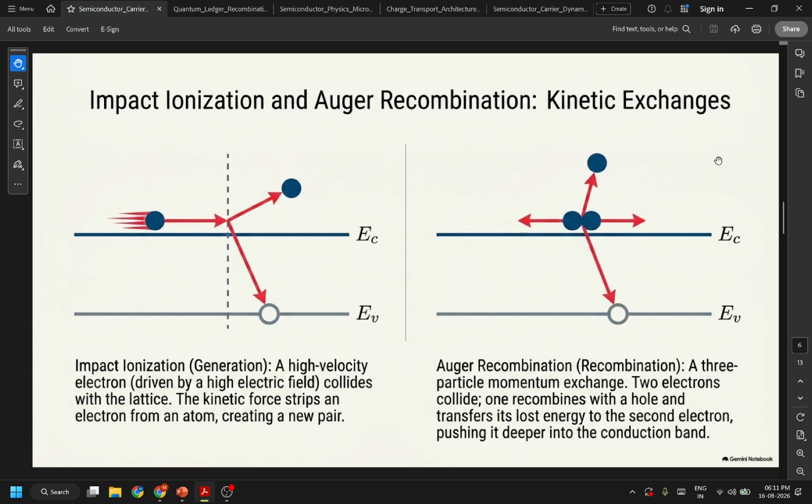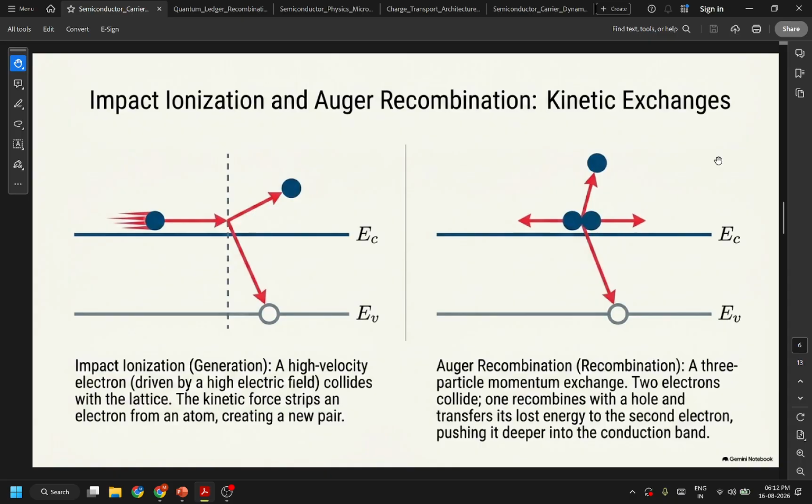Now there are multiple generation recombination processes, such as impact ionization. In impact ionization, a high velocity electron, which is driven by a high electric field, collides with the lattice. The kinetic energy strips an electron from an atom, which creates a new electron hole pair.